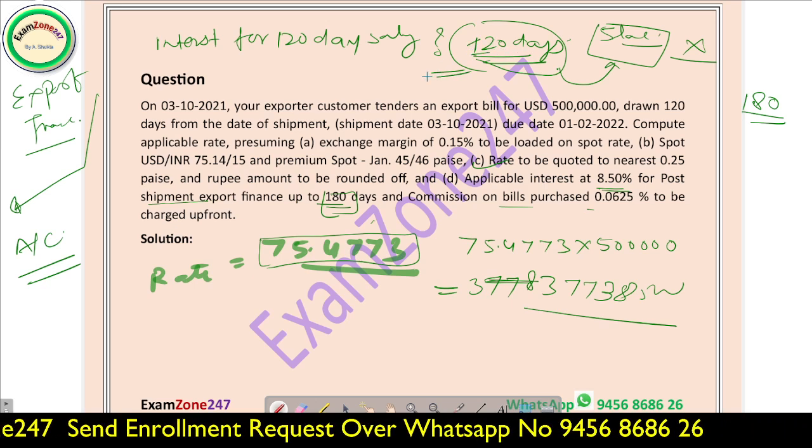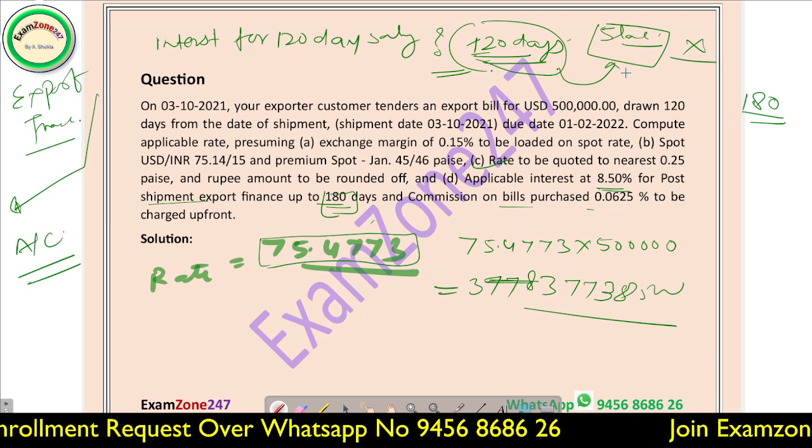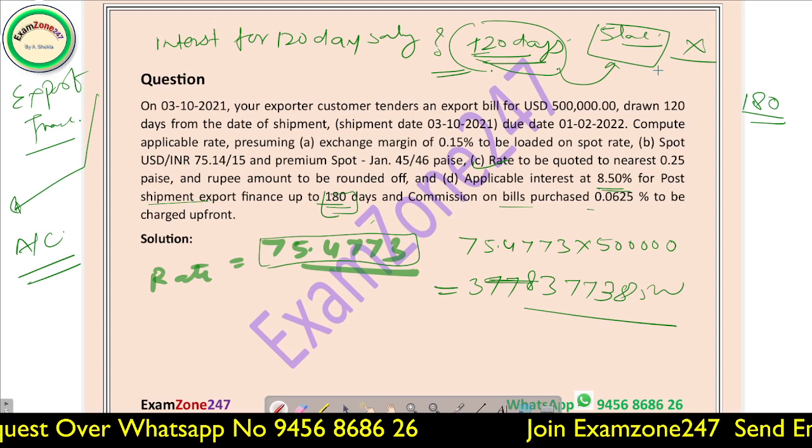Why 120 days? Because in 120 days he is receiving the funds.